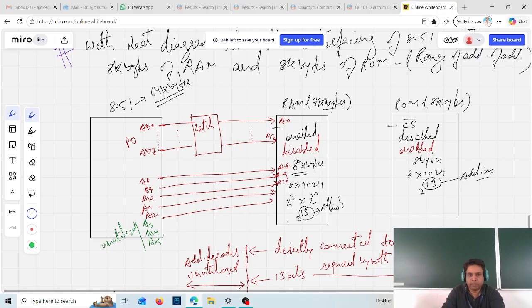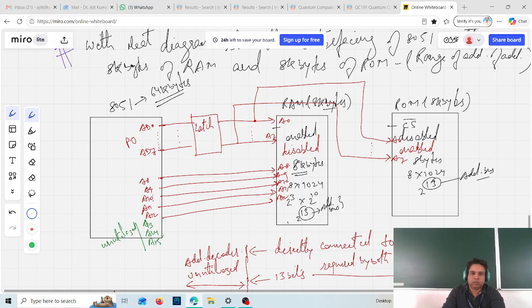You bring these buses, and as I said, the same bus will be connected to the ROM also. So you have to show A0 to A7 like this.